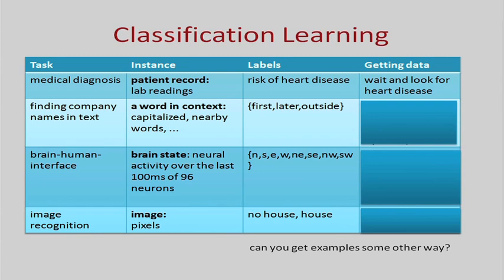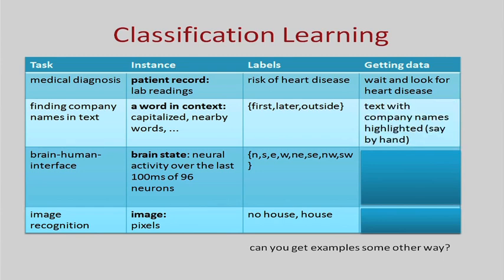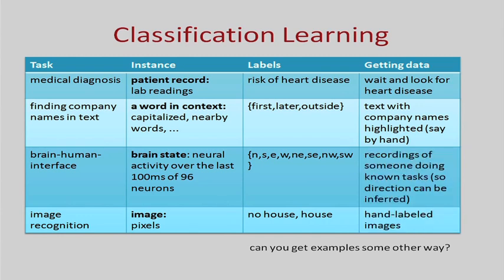Finding company names in text, how do you get the data? You get some text and you get them manually annotated for company names. This forms the training set. For image recognition, the data is a set of images which some people have labeled. So, this is how you get data.